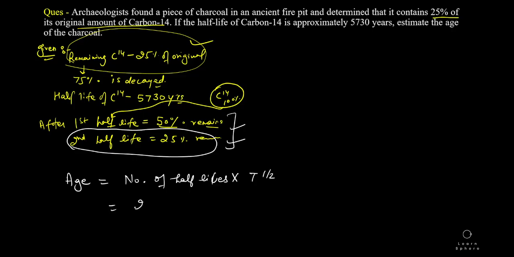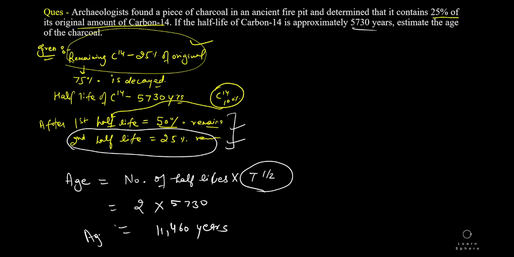So the number of half-lives is 2 and the half-life is 5730. So the age of the fossil is 11,460 years. So the age of the charcoal is 11,460 years. Clear?